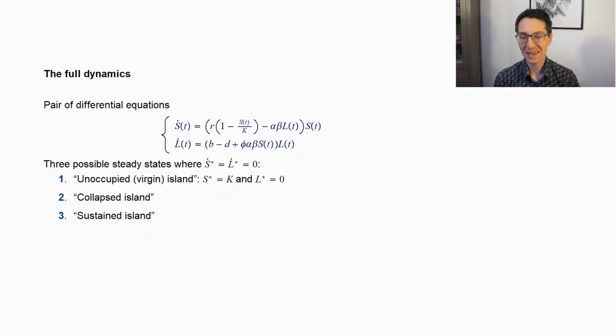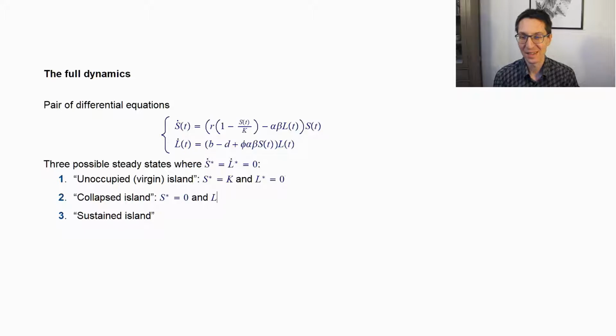A slightly less happy state is the collapsed island, which refers to a state in which the nature stock is equal to 0. And since the nature stock is 0, the population stock is also 0.